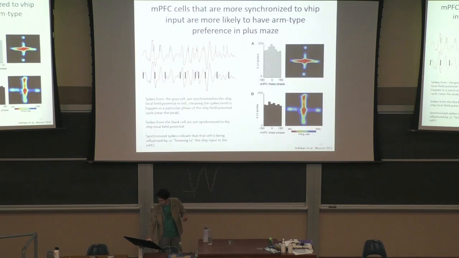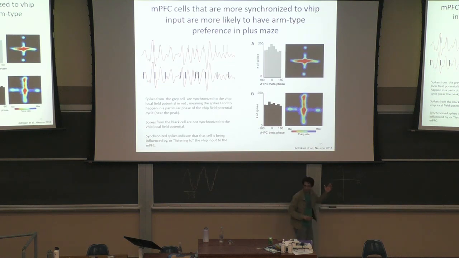So just to reiterate what's happening here, because it's a little complicated. Basically, we have this elevated plus maze within which there are some closed areas and some open areas. Okay, so let's say I have the maze here, and these are the open arms, and these are the closed arms.